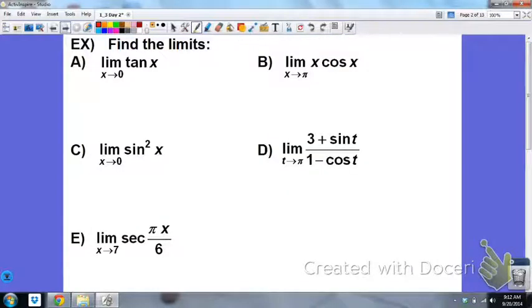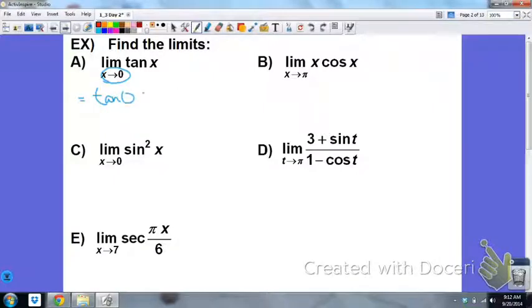We're now going to apply what we learned on the last slide and evaluate these trigonometric limits using direct substitution. The first problem says find the limit as x approaches 0 of tangent of x. So we're simply going to plug in 0 for x.